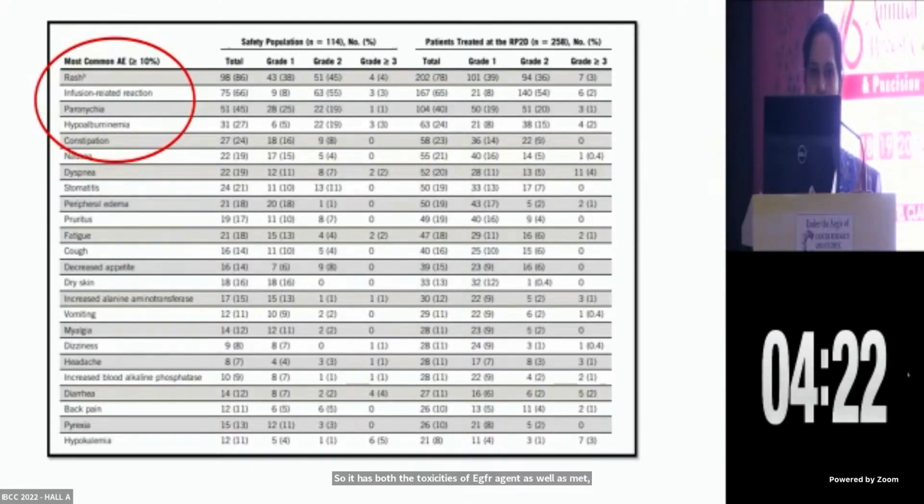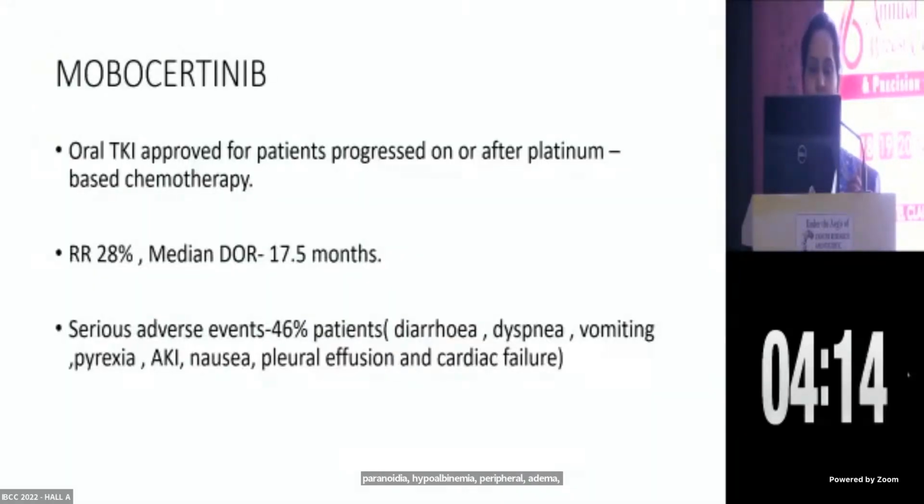Most common are rash, infusion-related reactions, paronychia, hypoalbuminemia, peripheral edema, and GI toxicity. But like we have improved post Chrysalis, now we know that we give the first dose in a split manner, and now infusion-related reactions are very few in patients being treated with this molecule.